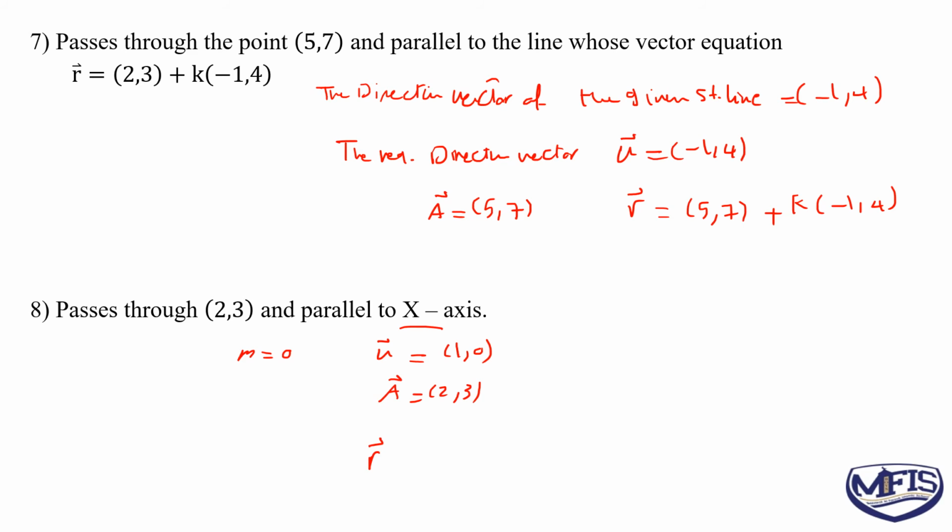So the required equation will be A plus k multiplied by the direction u. So r will equal A, which is represented by (2, 3), plus k multiplied by the vector u, which is represented by (1, 0). So the required vector form will be r equal to (2, 3) plus k multiplied by (1, 0).